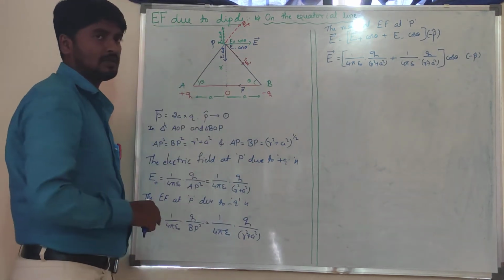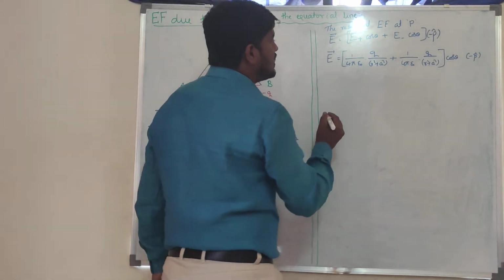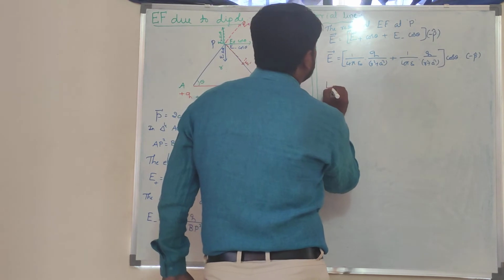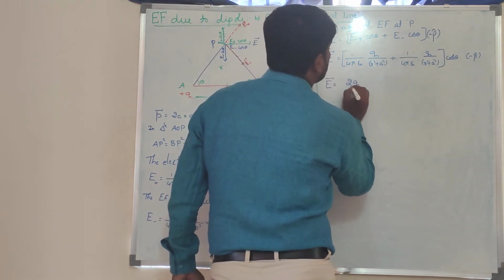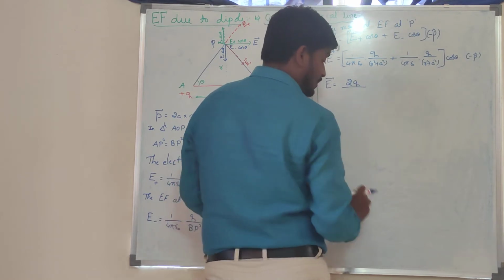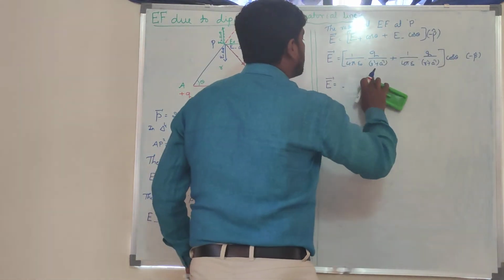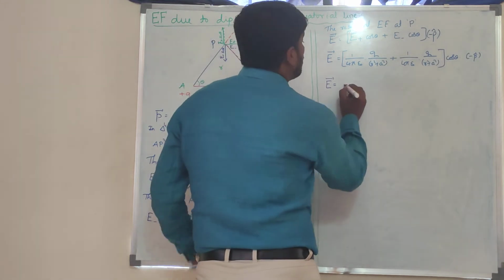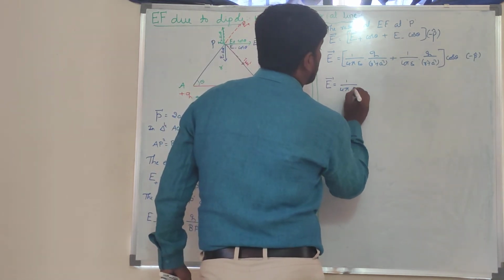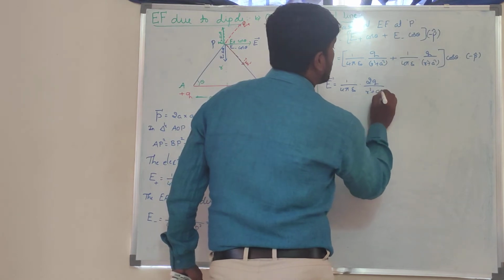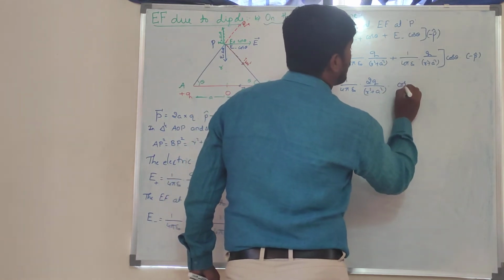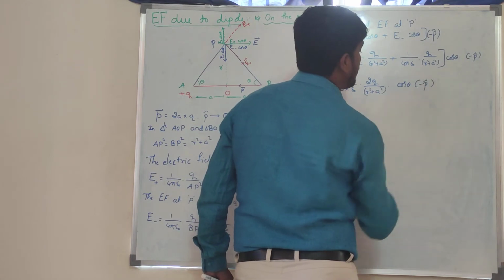Suppose I define cos theta here, then vector E is equal to 1 by 4 pi epsilon naught 2q divided by r square plus a square into cos theta into minus p cap.